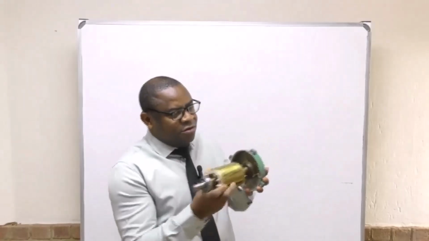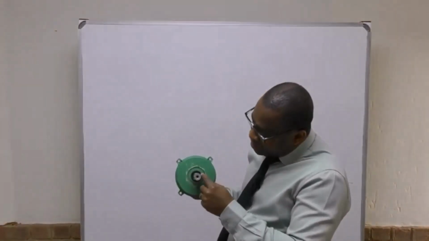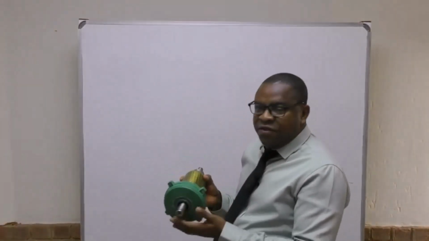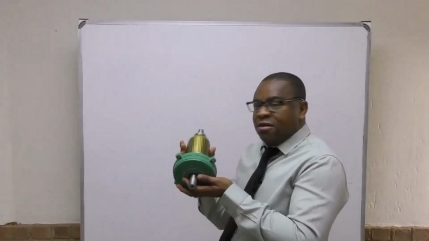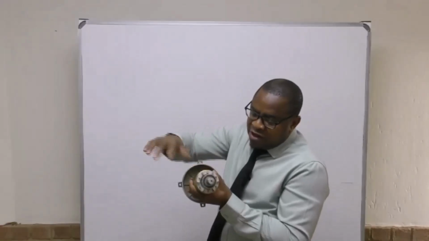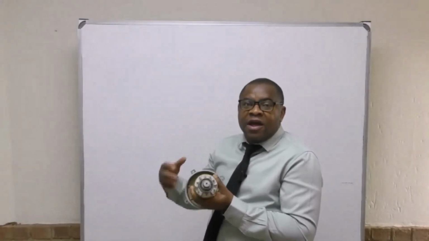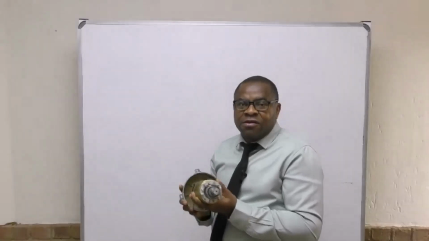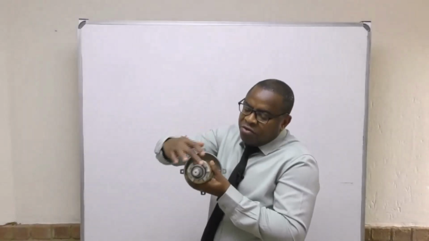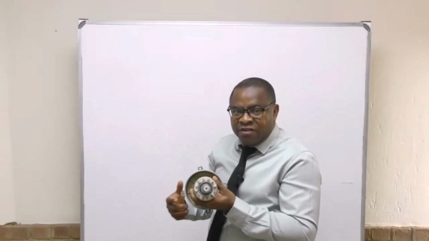But you can see that if these bearings are not properly lubricated, the torque that was supposed to make this rotate might be reduced due to some losses. That means there will be some windage and friction losses.